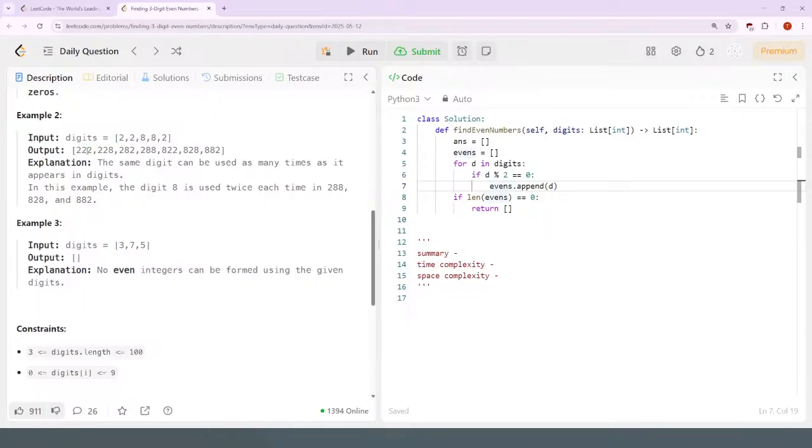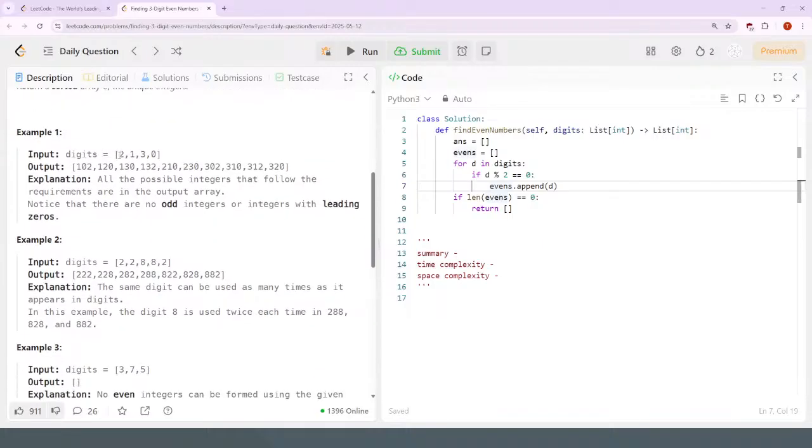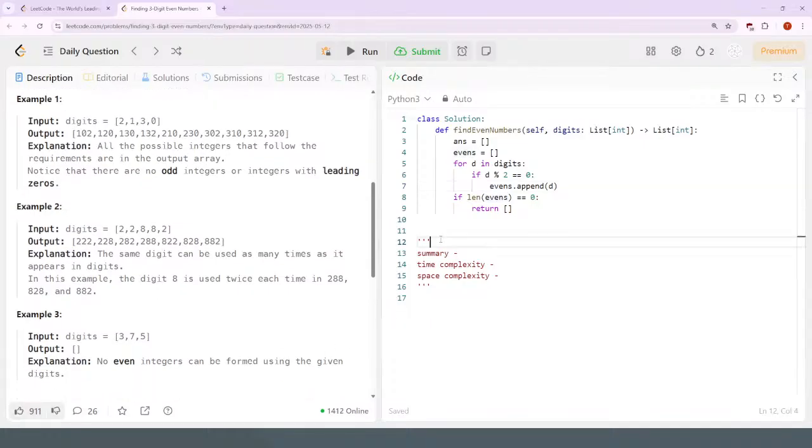Interesting. So here, starting from 1, so you have 1, so what if you have your hundreds, tens, and ones place?